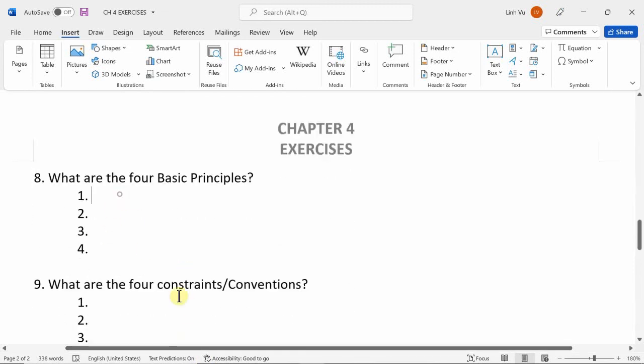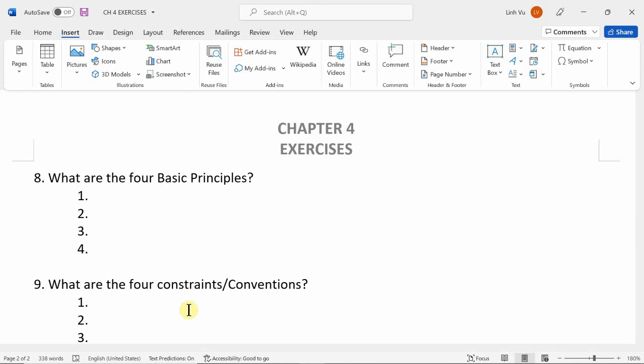Okay. What are the 4 basic principles? Anybody else want to answer? Now you could go ahead. Historical, is it historical cost? Historical cost. And what else? Realization, revenue recognition.